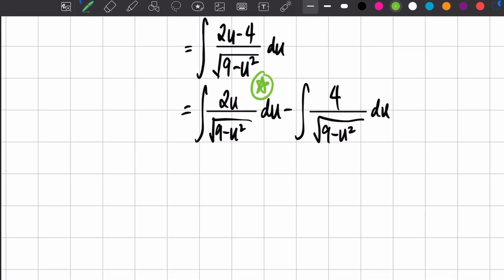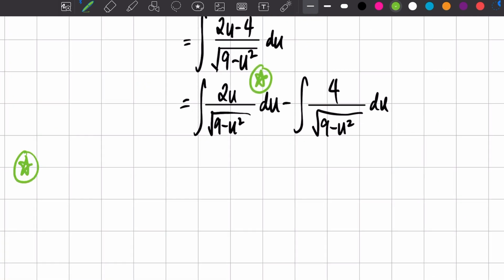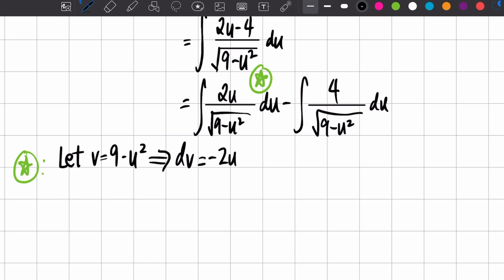So let's do it. For this first integral, we can let, let's say, v be 9 minus u squared. And so our dv would be the derivative of 9 minus u squared, which is negative 2u du. And what we have here is a positive 2u du.